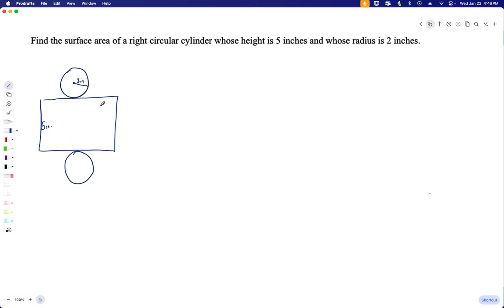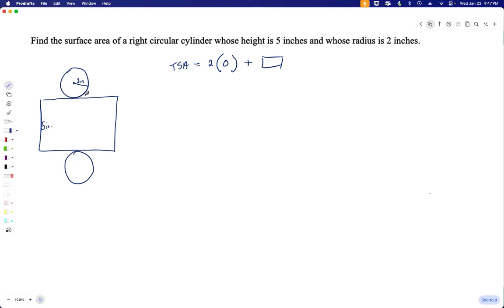So now we need to find the total surface area. We're going to find 2 times the area of the base plus the lateral surface area, right? The sides. So ultimately, what we're looking at is 2 times the circle plus the rectangle.